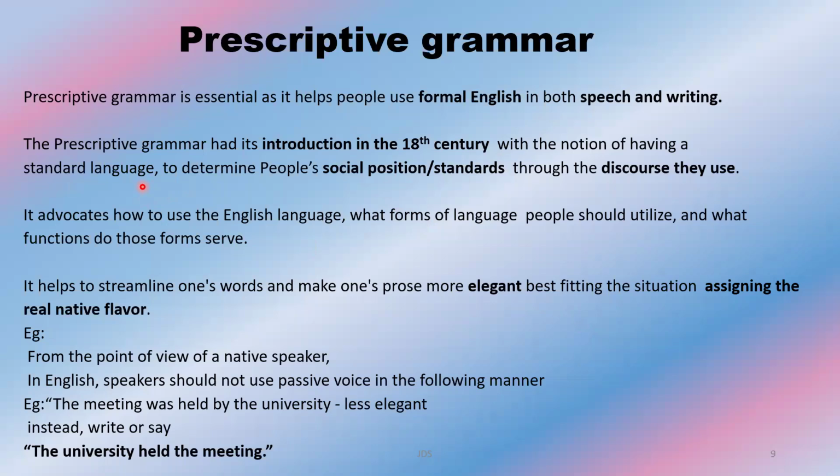To publish books, mainly with the invention of the printing machine or printing press, the standard language came to the forefront. It is from there that the concept of prescriptive grammar emerged.